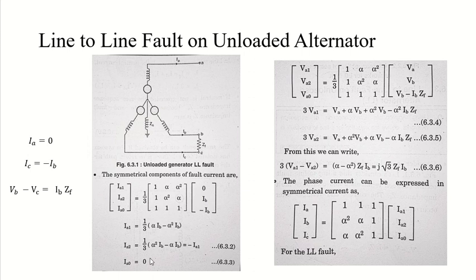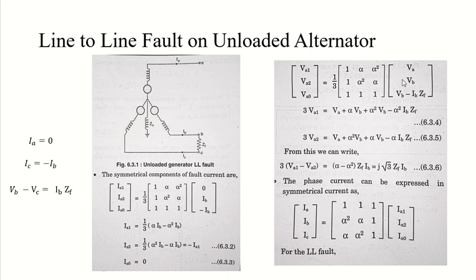Now when you try to find the value of voltages here, the symmetrical components of voltages at my fault point, we are calling the fault point F. So what will be the value? Here again see VA1, VA2 and VA0, the positive, negative and zero sequence of my voltages.